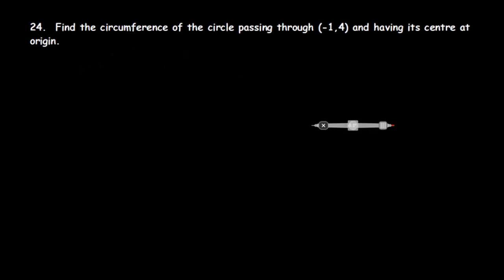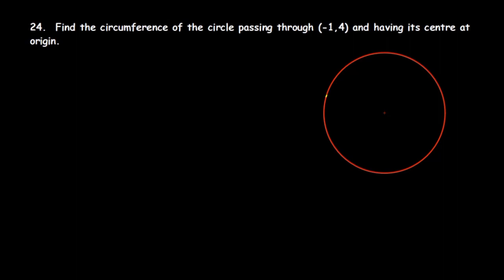Find the circumference of a circle passing through -1, 4 and having its center at origin. So once again we will take a circle. Find the circumference of a circle passing through -1, 4.